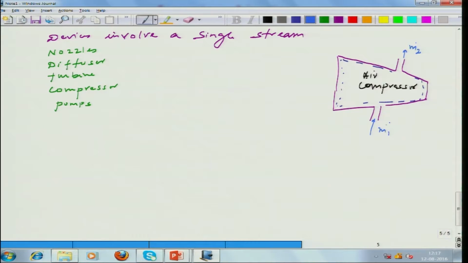Based on a single stream and steady flow process, we can write summation m dot in is equal to m dot out, as simply in this case m1 dot is equal to m2 dot. Now we can consider this as having density rho. This will have a different density because it's an air compressor, which is going to compress it, and the density at the exit would be different compared to the inlet.